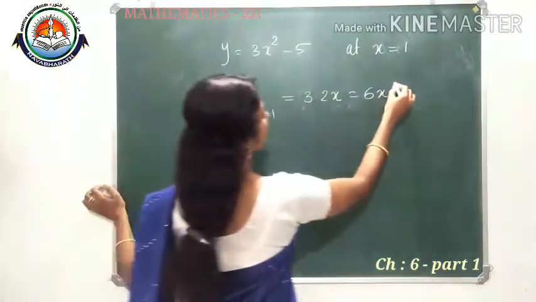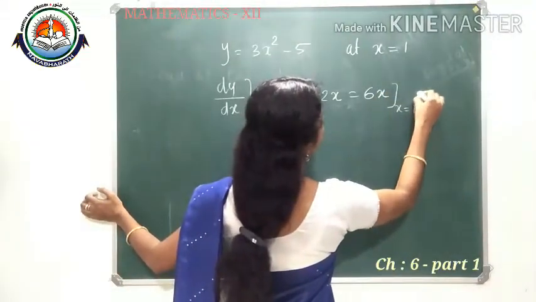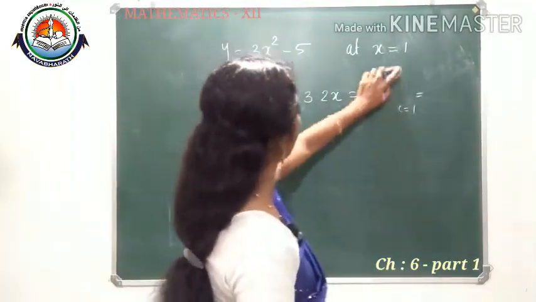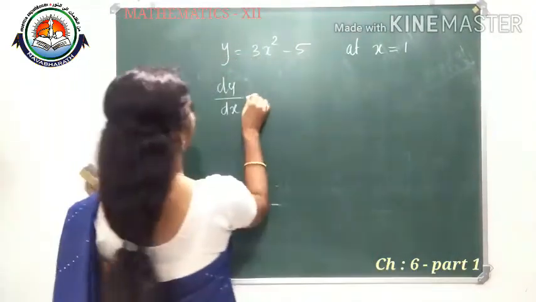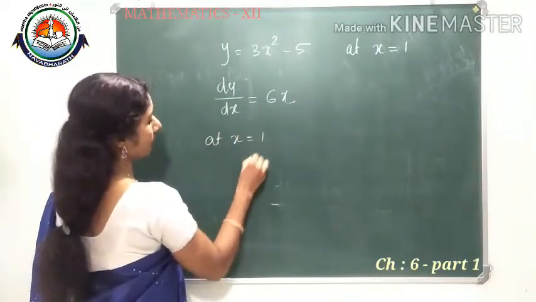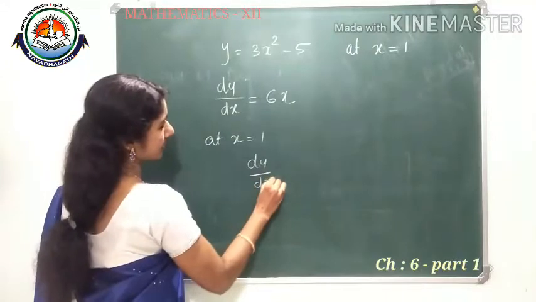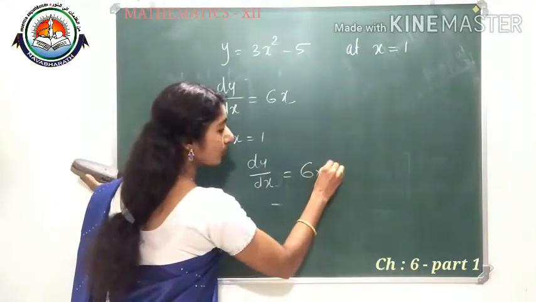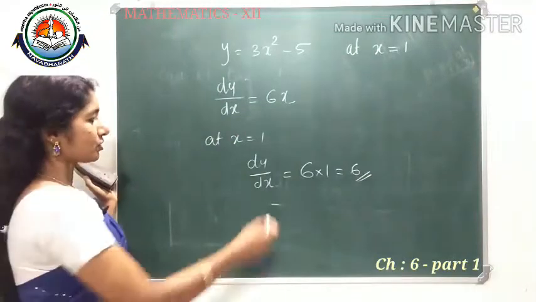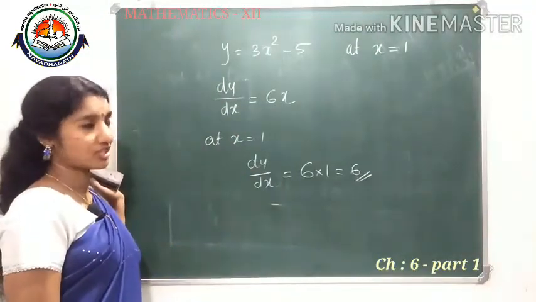You find the derivative first, then put x equal to 1. So dy by dx is equal to 6x. Then at x equal to 1, dy by dx is equal to 6 into 1, that is equal to 6. Okay, so we got the slope of the tangent.